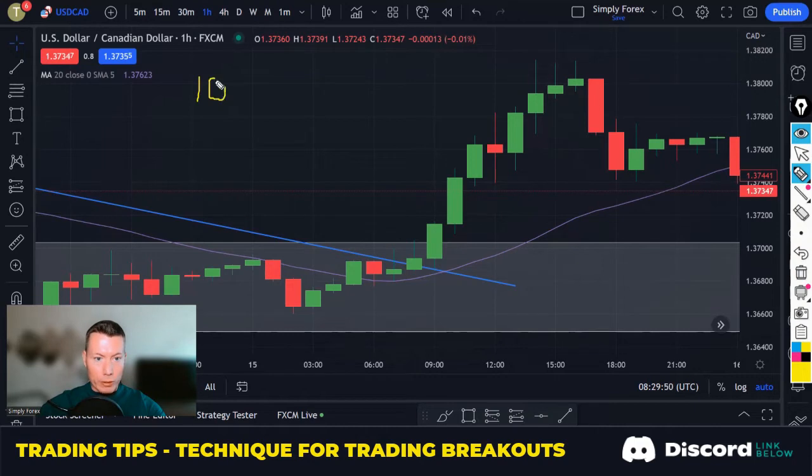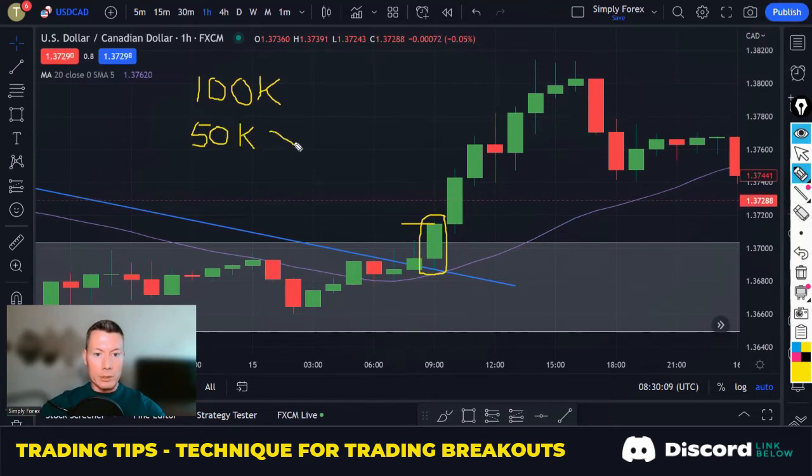Let's say I normally trade 100K. This would be my normal trade size, and I'm entering on this candle. What I do, guys, is split this into two 50K trades, 50K trades times 2.